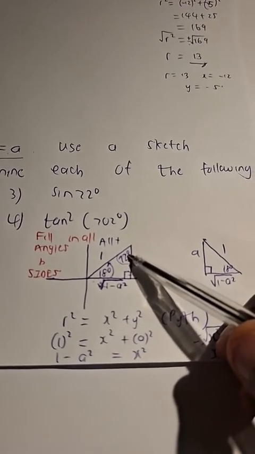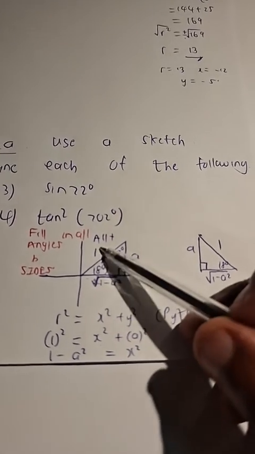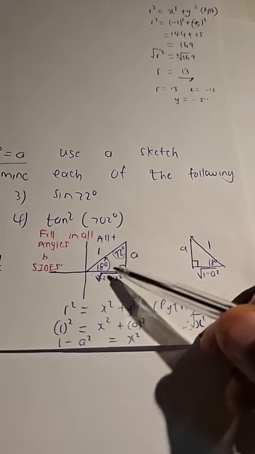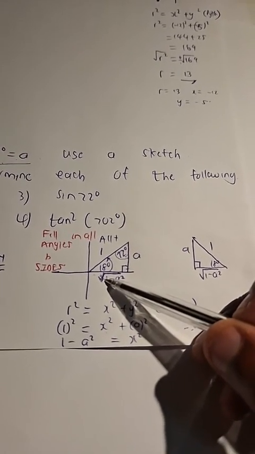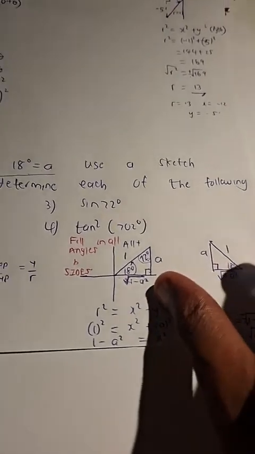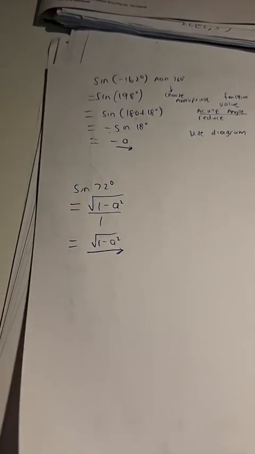It's opposite over hypotenuse. So the opposite side to the 72 degrees is the square root of 1 minus a squared. What is the hypotenuse side? It is 1. So our answer is the square root of 1 minus a squared over 1, but we know that is the square root of 1 minus a squared.